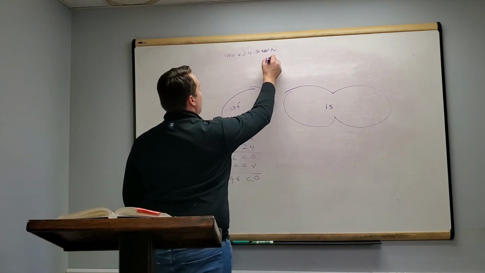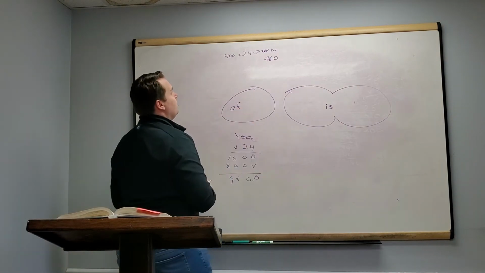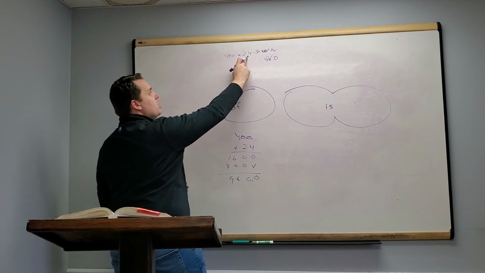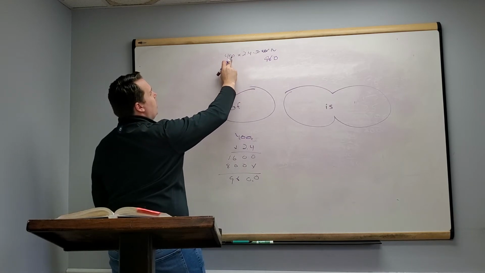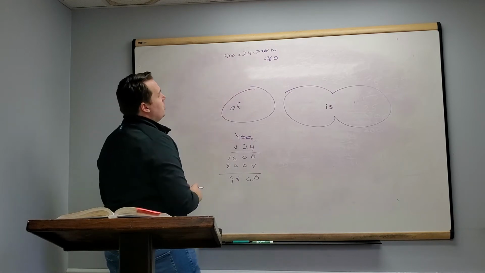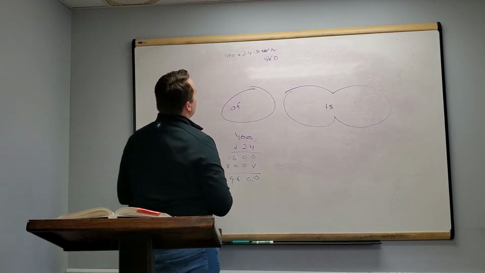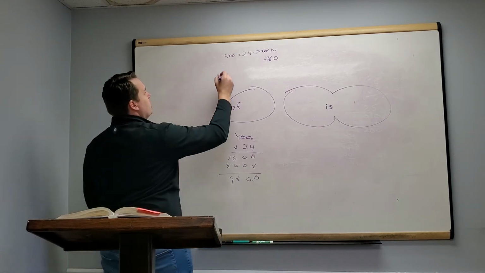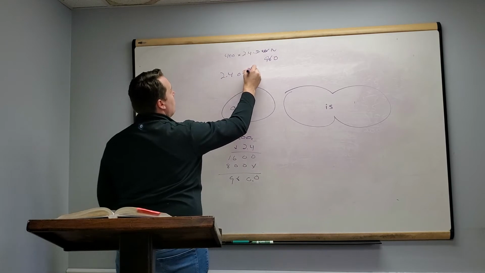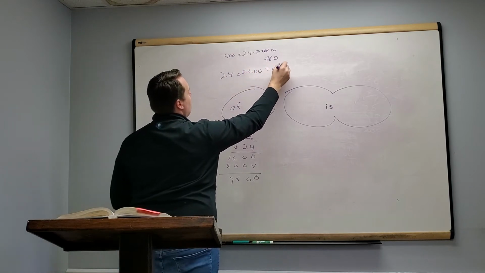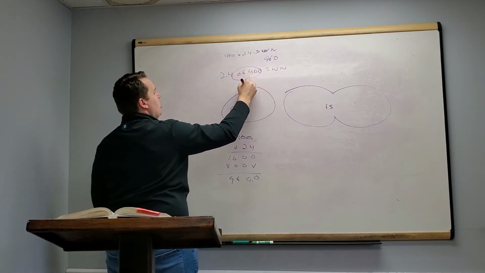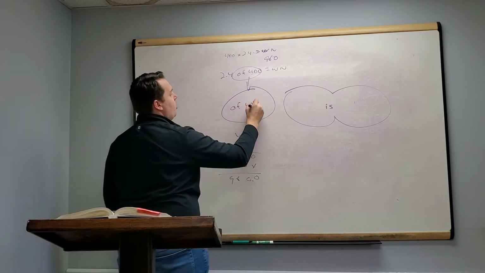My new number should be 960. So the of number is going to be the smaller number, okay? So perhaps I should have written it 2.4 of 400 equals what number? Because this is the number I want to put down here, say of 400.